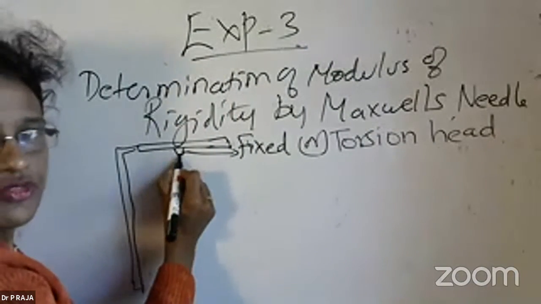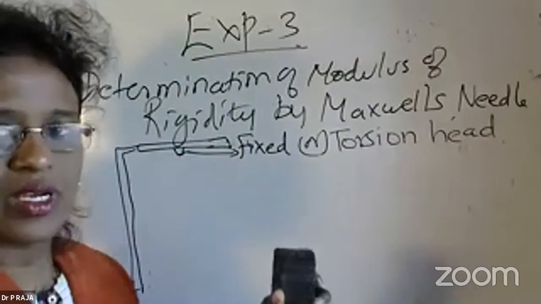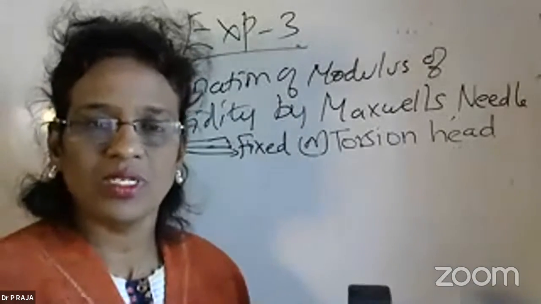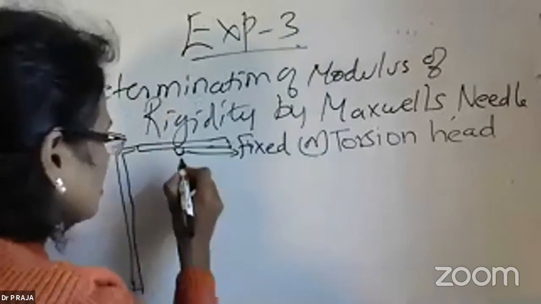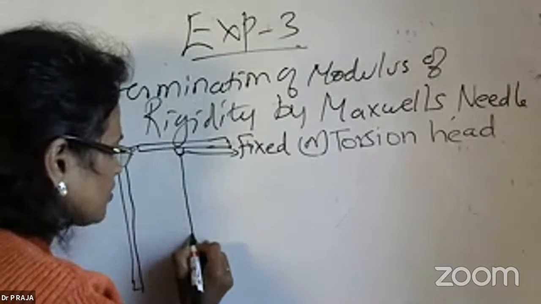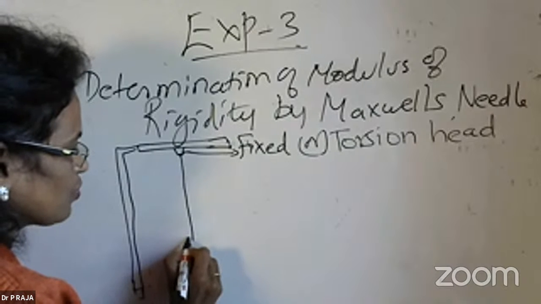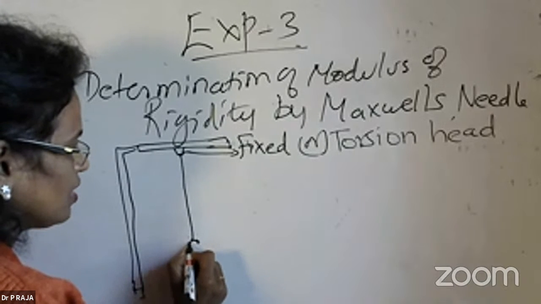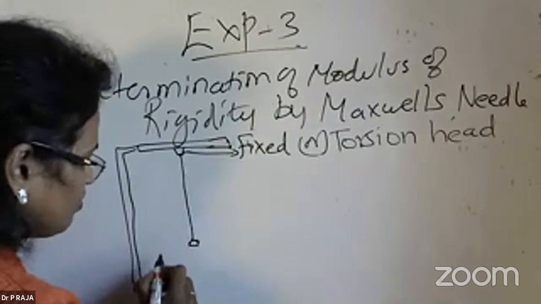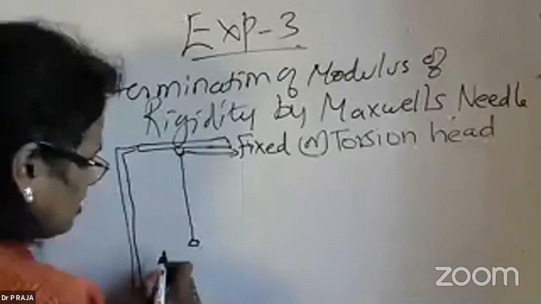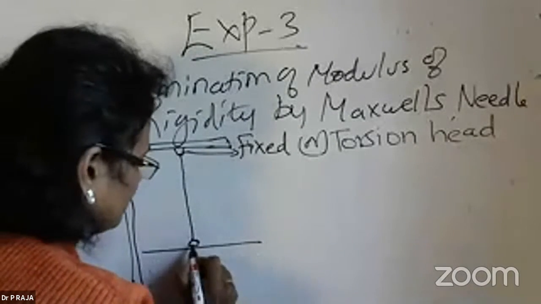And from here you will fix a thin wire whose modulus of rigidity has to be found out. That wire will be fixed over here, and the other end is fixed to the Maxwell's needle.